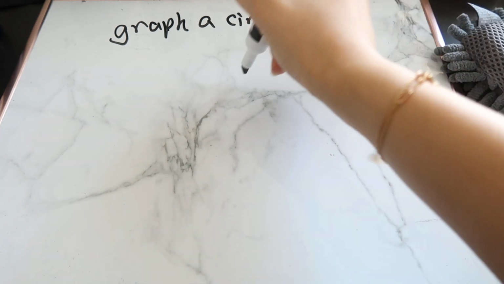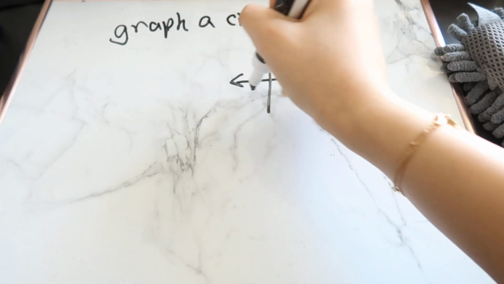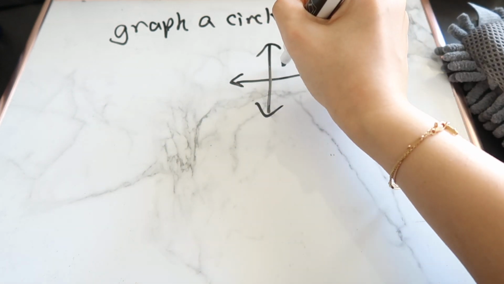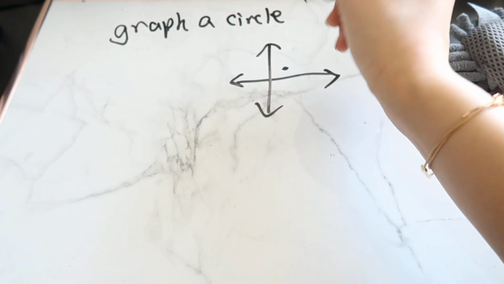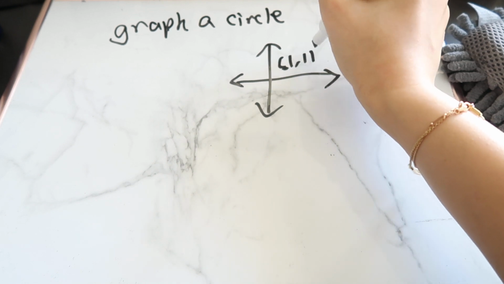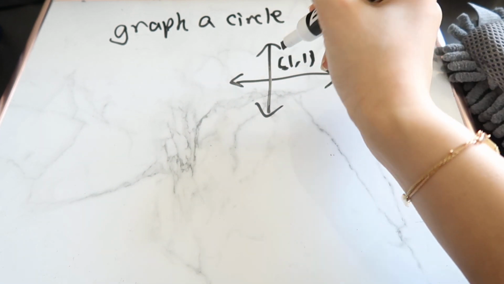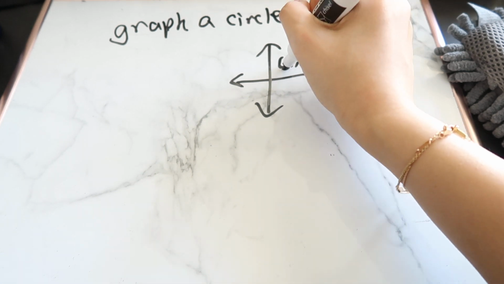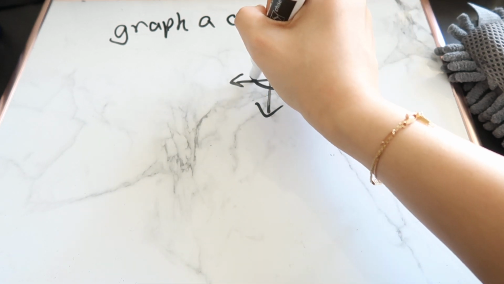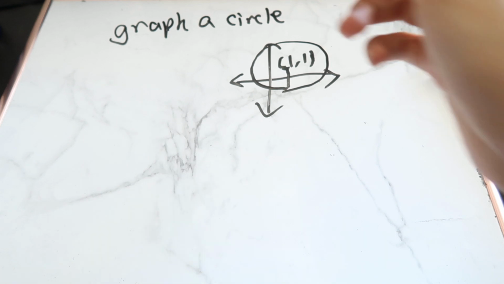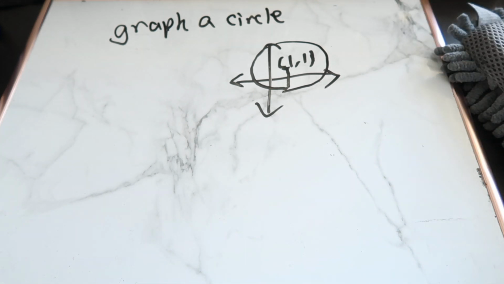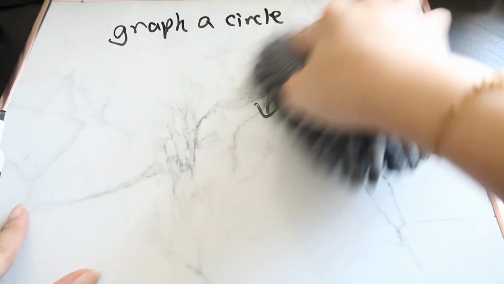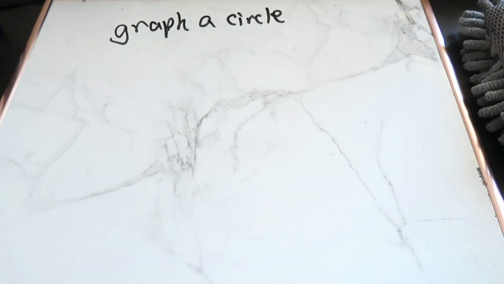Let's say you know your center is at 1, 1, and the radius is, let's say, 2. So you can just use a compass and draw the whole thing. So that's what we need. We need a center and a radius to graph it.